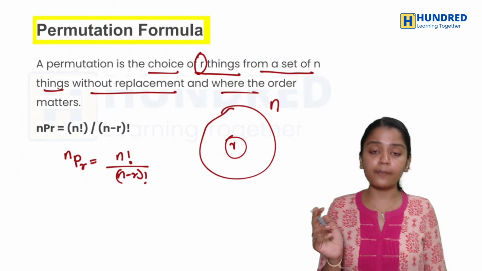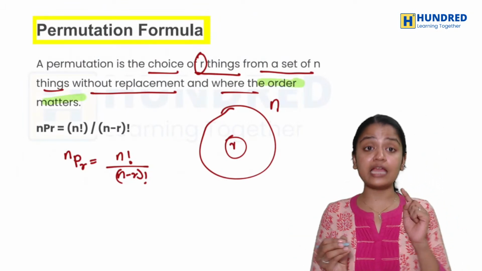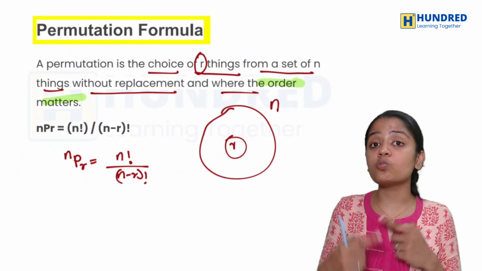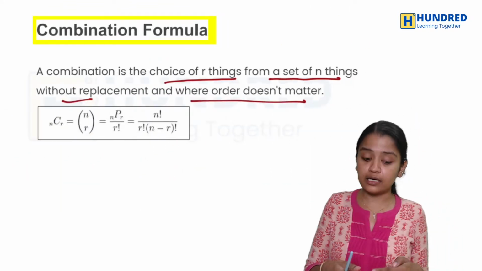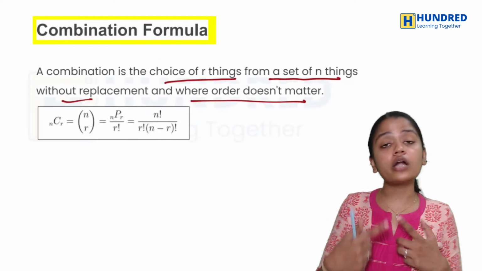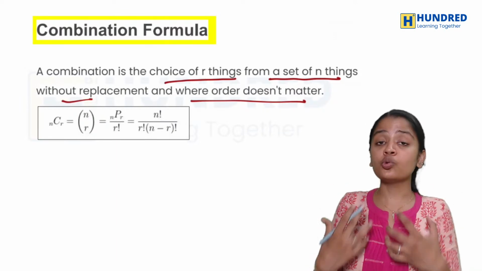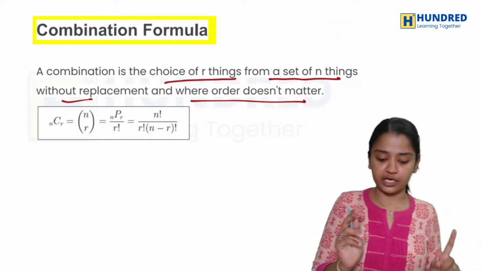Here order doesn't matter, but in permutation your order matters. The way in which you're arranging the objects matters. But here your order doesn't matter, which means the way in which you arrange the objects doesn't matter for combination.